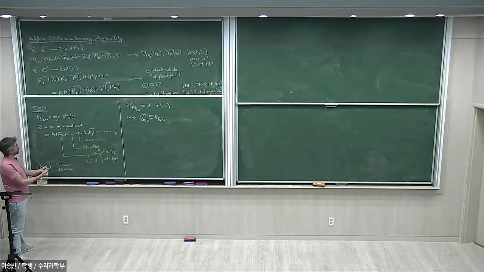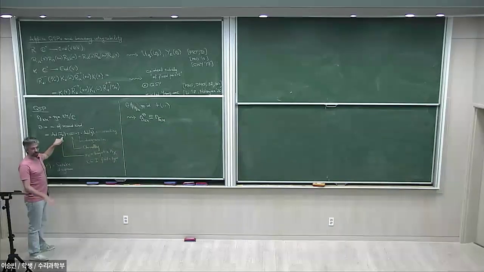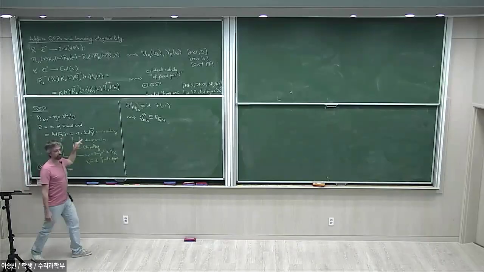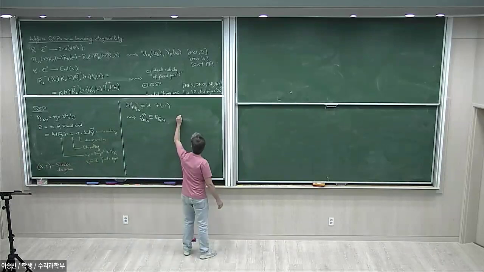If you need a concrete example, just put everything to be one. So the involution, you just consider a trivial involution, X you consider the empty set, and now you just have the Chevalley involution. So you can simply take fixed points with respect to Chevalley.